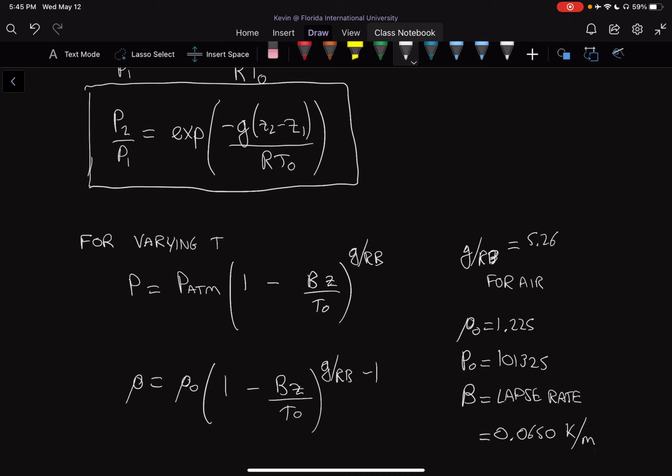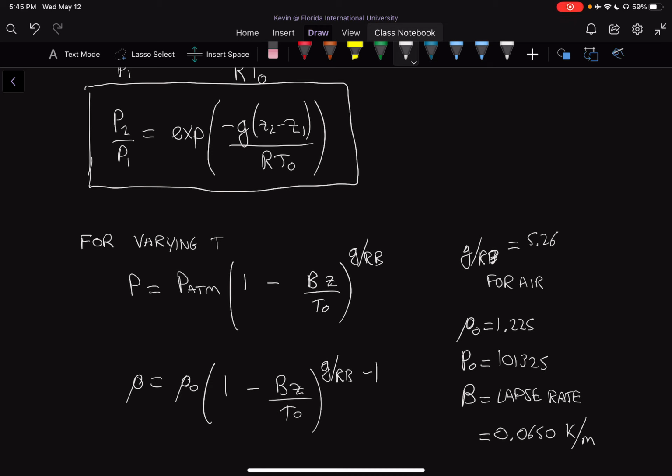So these are ways to figure out what the pressure would be at a certain level based on varying temperatures. I don't believe we'll do an example on this, but this is just for your information in case you're interested in varying temperatures.